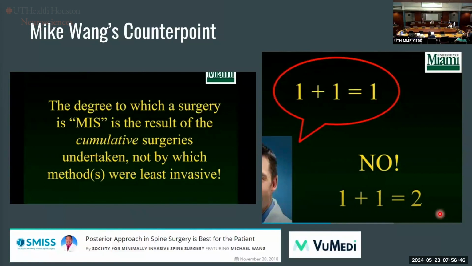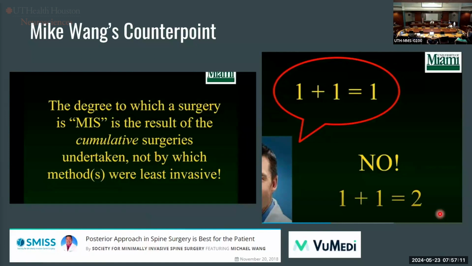I really like this talk by Mike Wang, who I'm sure you know very well. It's actually on this website called ViewMedi for any of the trainees. It's really good. There are a lot of high-level talks on different techniques, cranial and spine. But he basically gave a talk that said posterior approach in spine surgery is best for the patient. And he gave it at the Society for Minimally Invasive Spine Surgery. And his argument is, look, you can do everything from the back.